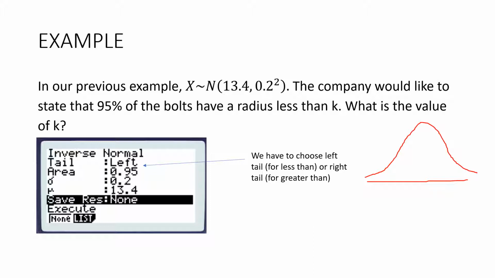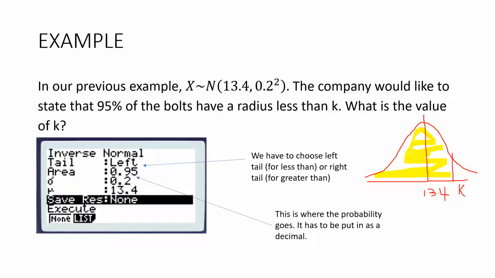So there's our normal distribution. Here's our mean, 13.4. We want some point here, some value of K, where 95% of the bolts lie below. And you can see that it's the left-hand side, the left tail.